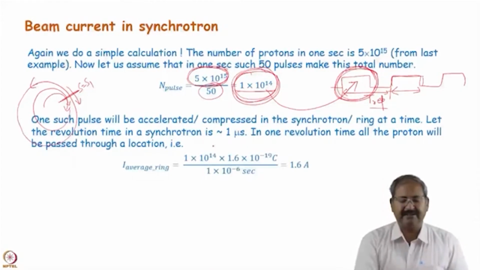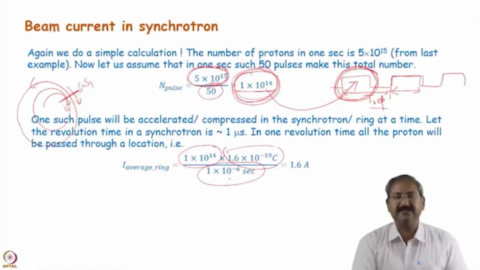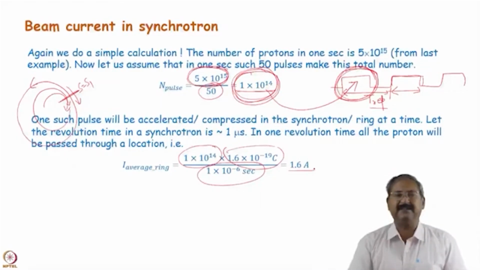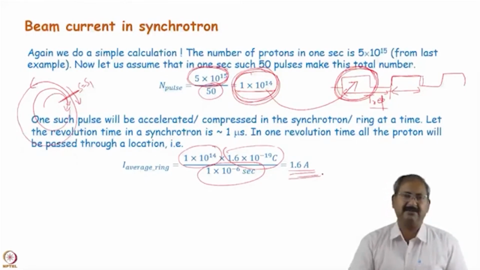So again, number of protons multiplied by the charge and divided by the time, here 1 microsecond, gives you 1.6 ampere of current. In a straight path we got 800 microampere, while in the ring it is 1.6 ampere. It is a huge current from an accelerator point of view.